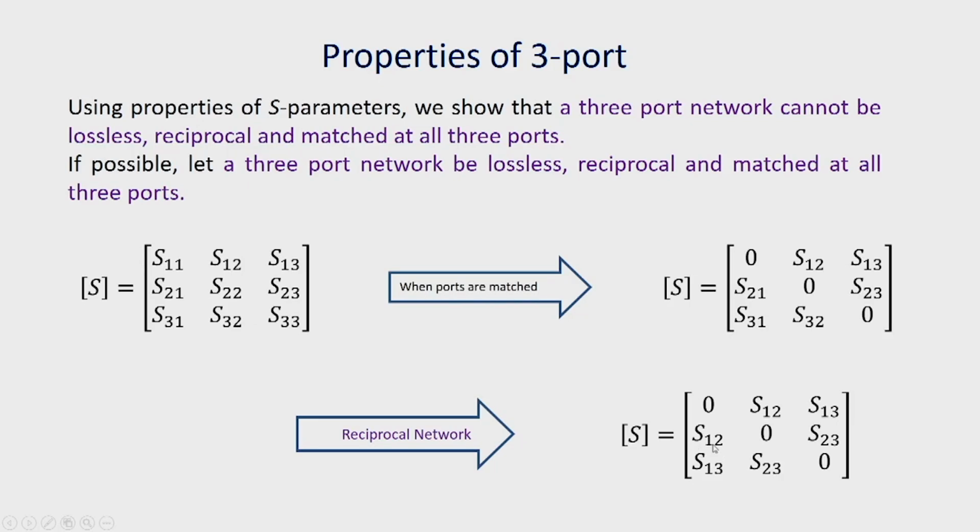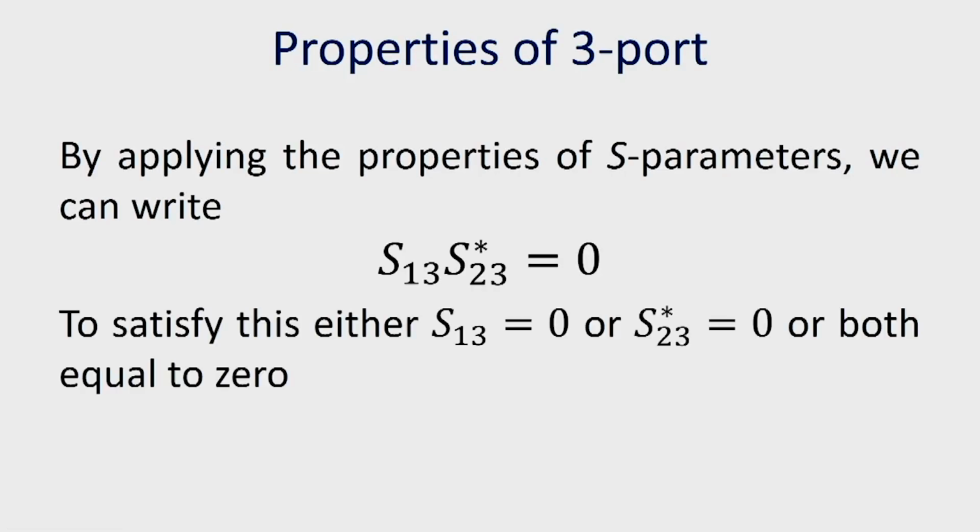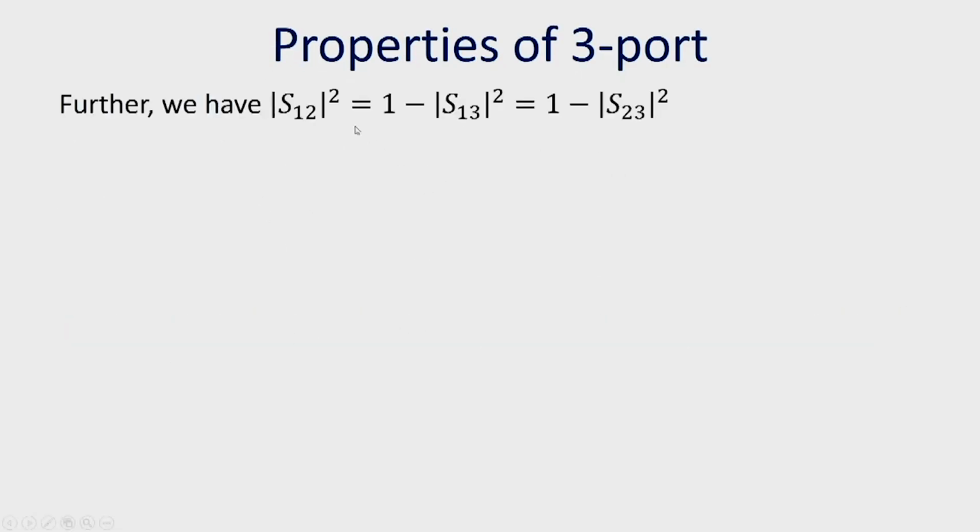The lossless S matrix will also satisfy the unitary property, and considering our network, we find that mod of S12 square plus mod of S13 square equal to 1, like that for all the columns. So, we can write mod of S12 square is equal to 1 minus mod of S13 square, and it can also be made equal to 1 minus mod of S23 square.